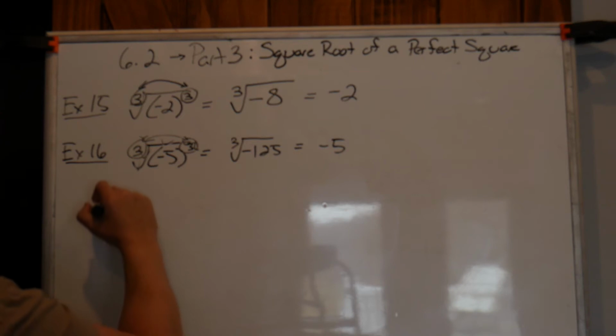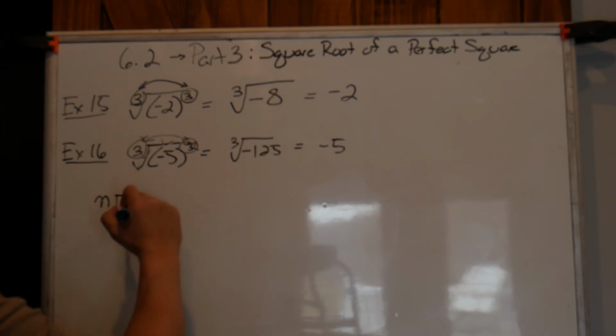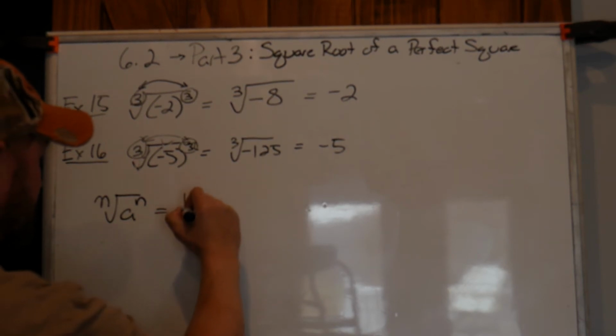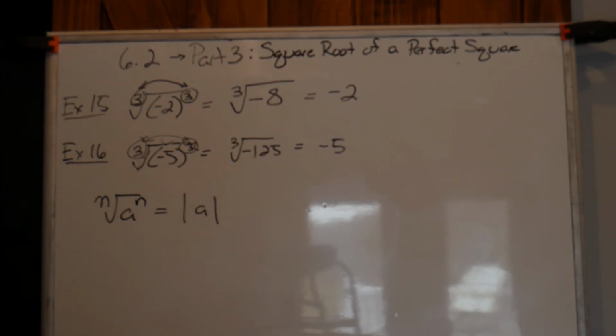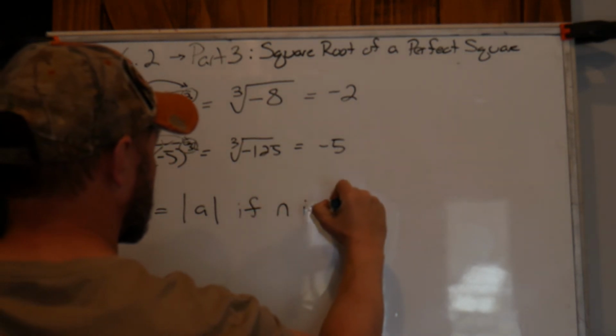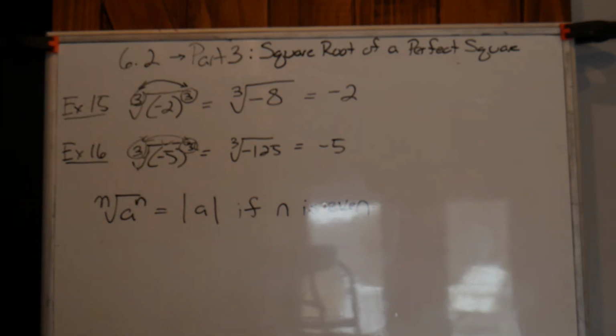Now, they leave us with this idea of, they tell us if we have an n root, but if anything is raised to that root, it is going to be an absolute value if n is even.